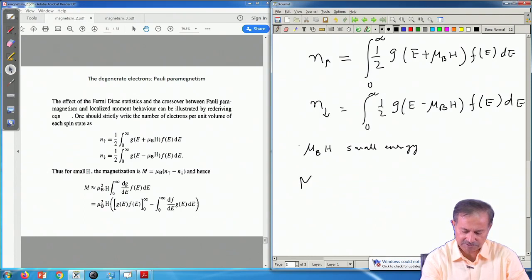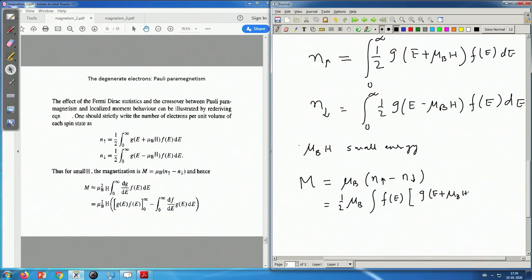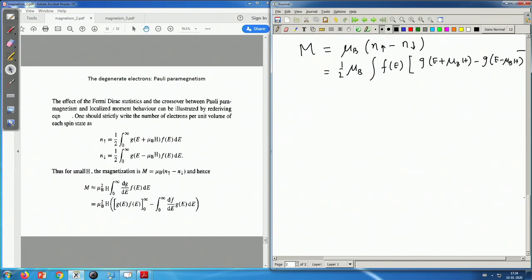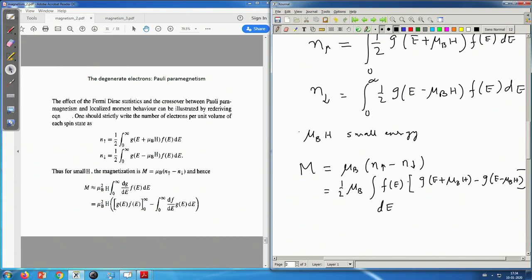Before that, let me write down the expression for M. M is μB times (n up minus n down), which is then μB times half the integral of F(E) times [G(E + μB H) minus G(E − μB H)] dE, from 0 to infinity.